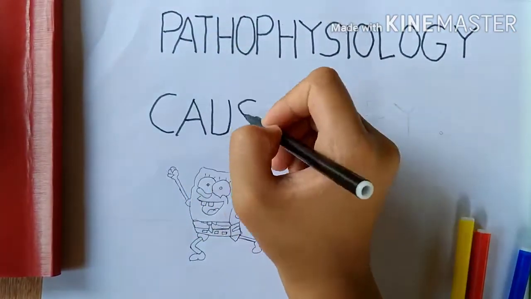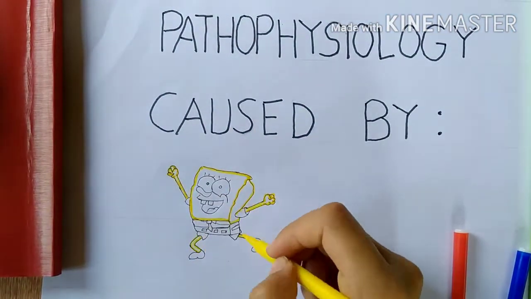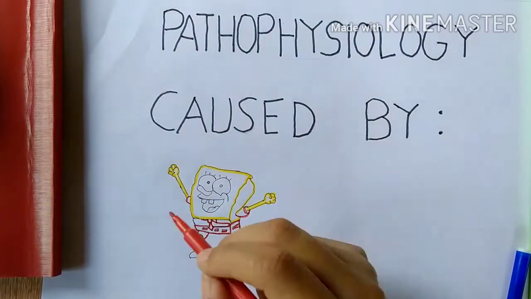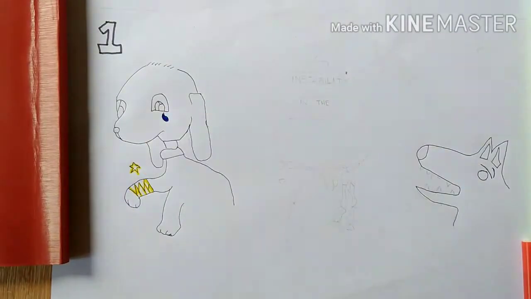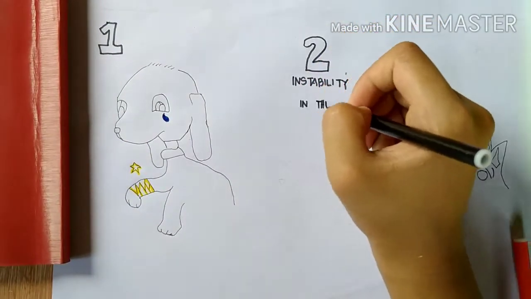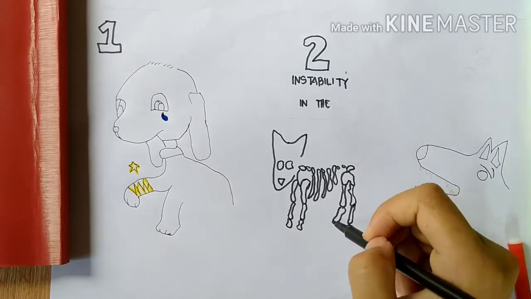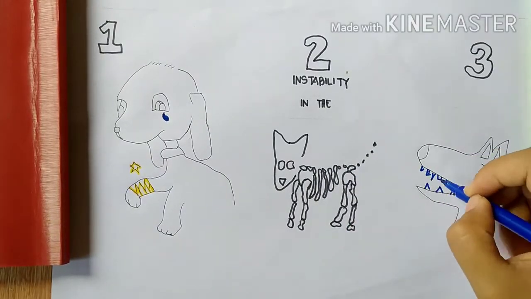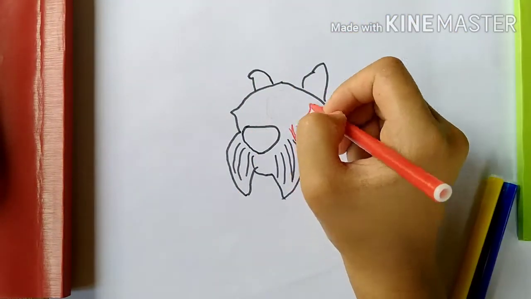Pathophysiology. It is caused by the following. One, pain alone. Two, instability in the skeleton. Three, mechanical abnormalities. Also, neurologic dysfunction could be one cause.